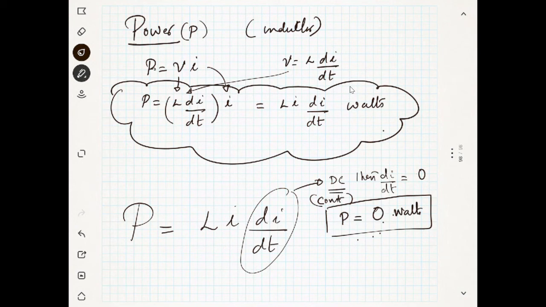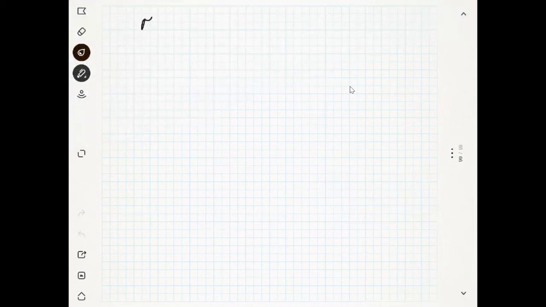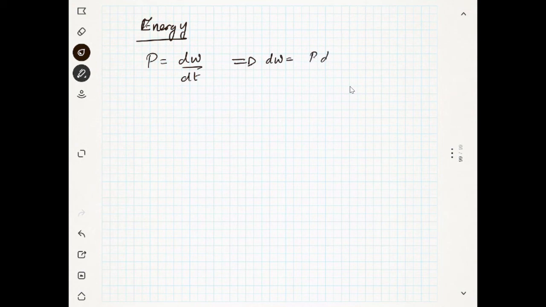Now we will calculate the energy across the inductor. The energy W is nothing but, you know that the power is equal to dW by dt. That means dW is equal to P dt, right?